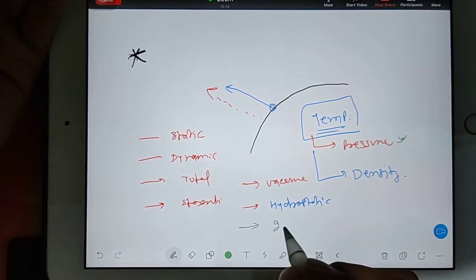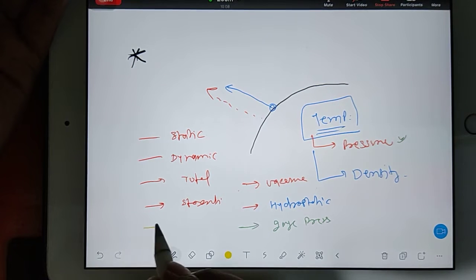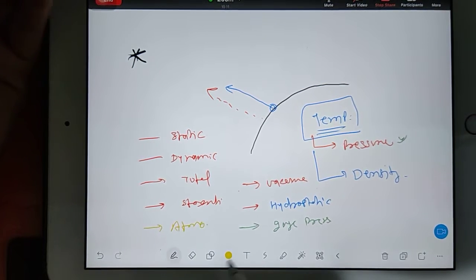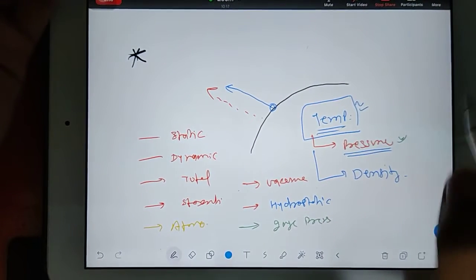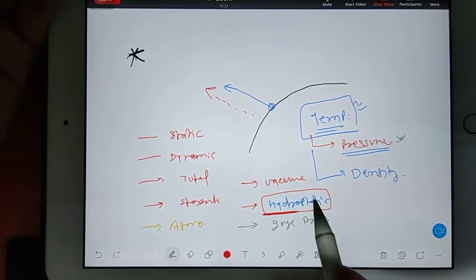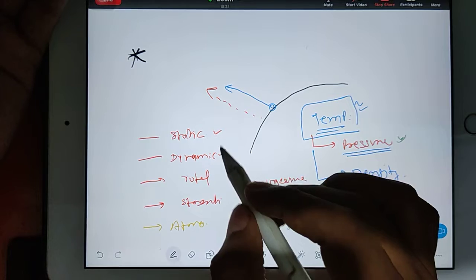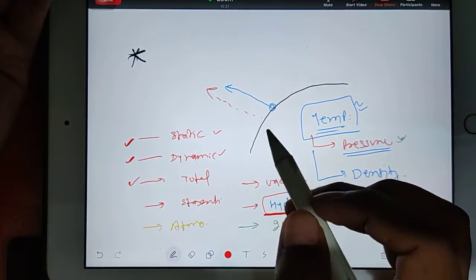You can also say gauge pressure, and atmospheric pressure. So when I say that temperature depends on pressure, my main motto is to talk about hydrostatic pressure. Static pressure and dynamic pressure I will slowly teach you in this course itself, in aerodynamics itself.